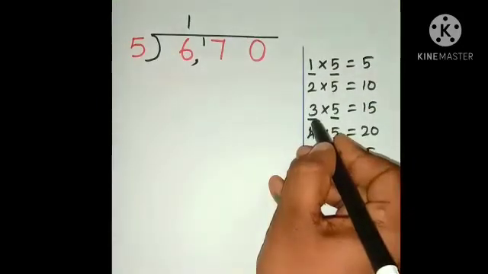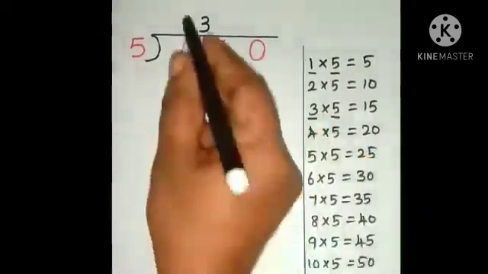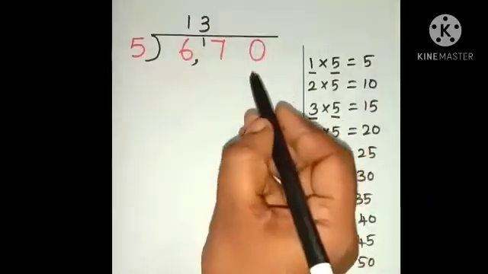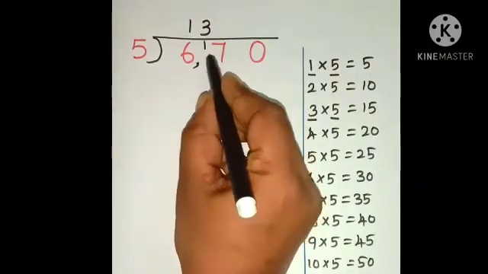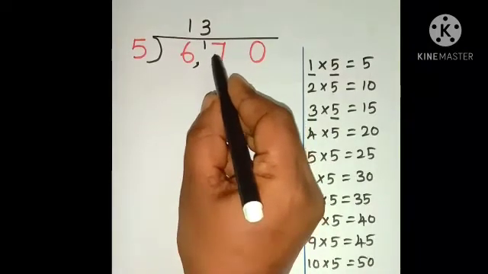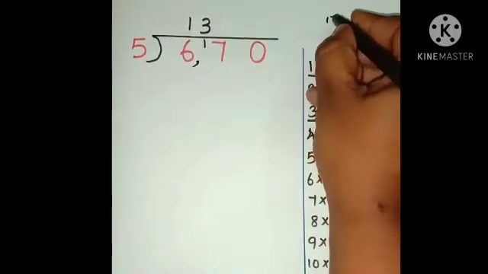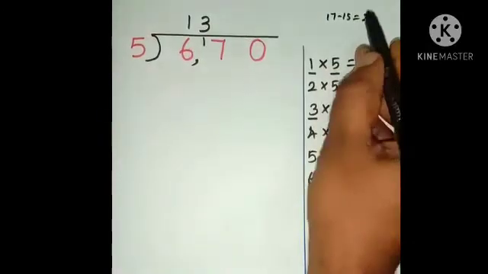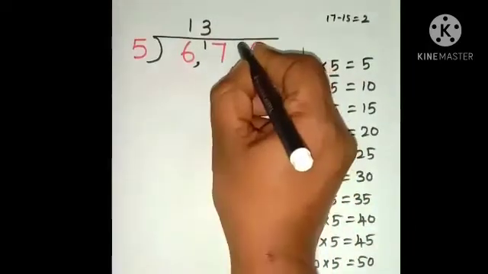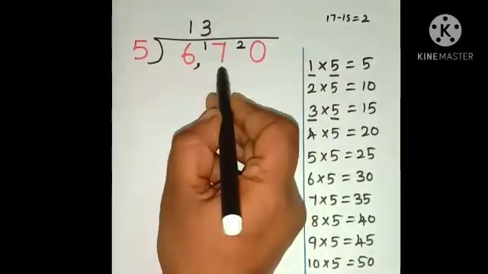So write 3 above the bar, and 3 5s are 15. Here we have to take the difference. Yes, 17 minus 15 is 2. So write this 2 in the superscript of 7.